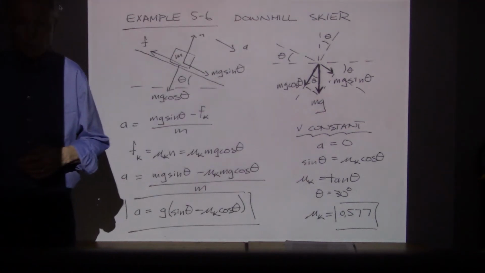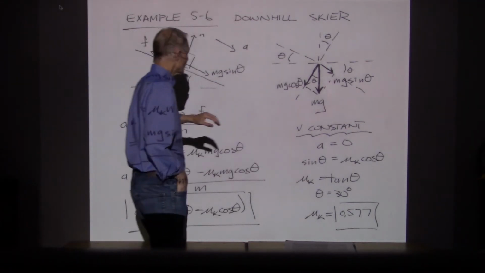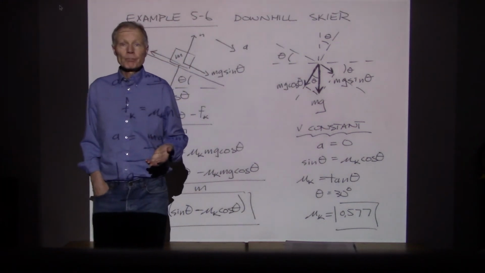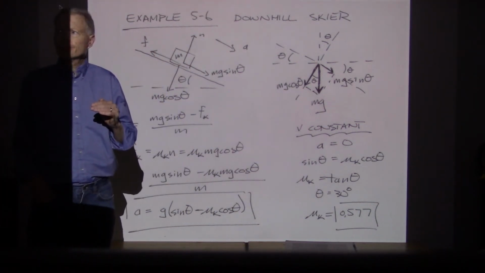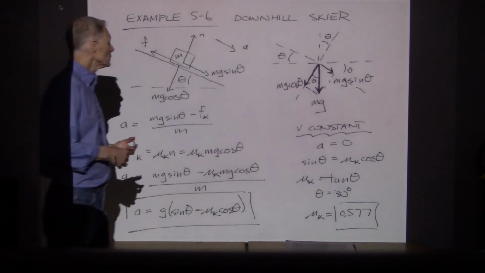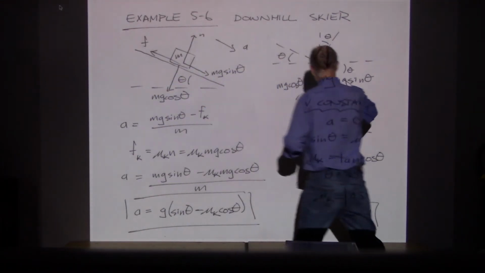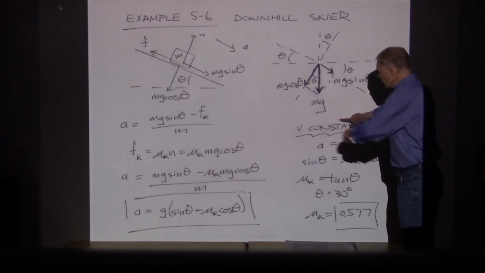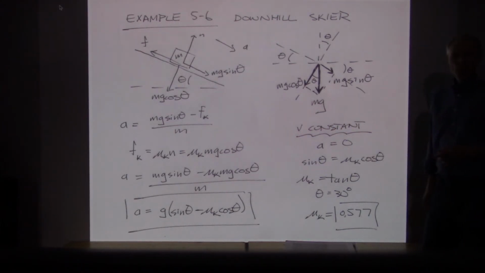Now, in this case, they said, what happens if it slides down at a constant speed? So if we've got some kind of a balance going on between friction and the angle, such that it slides down at a steady speed, well, we can use our formula and set the acceleration equal to 0.